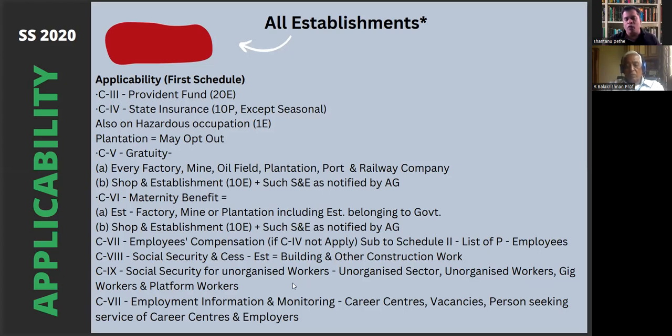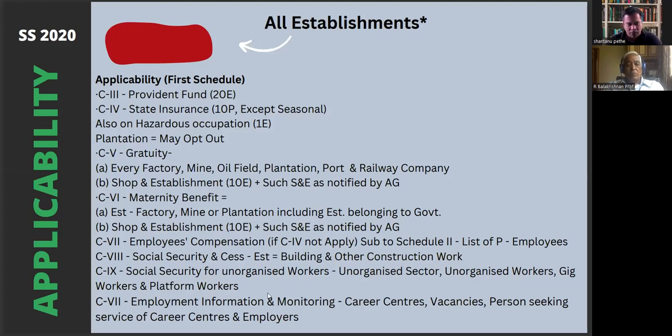Social security for unorganized workers is another chapter, number 9: unorganized sector, unorganized worker, gig worker, and platform worker. The majority of questions related to gig workers and platform workers will be resolved here. It is the government's job to come up with certain schemes, so we will see later on in this chapter.